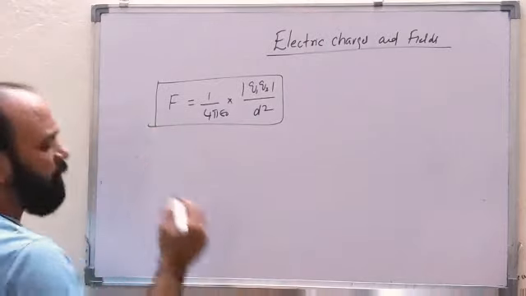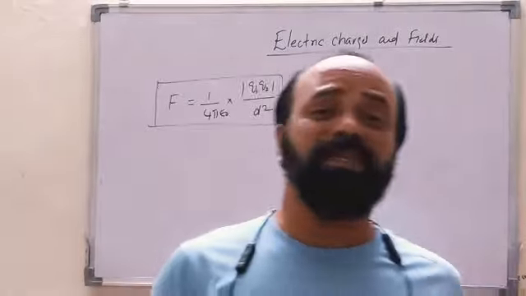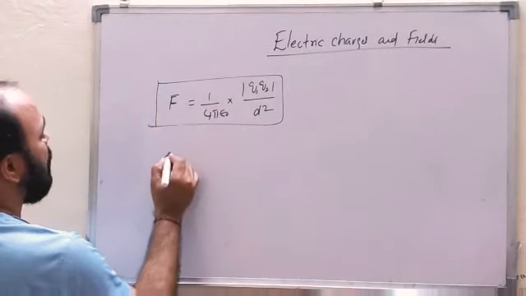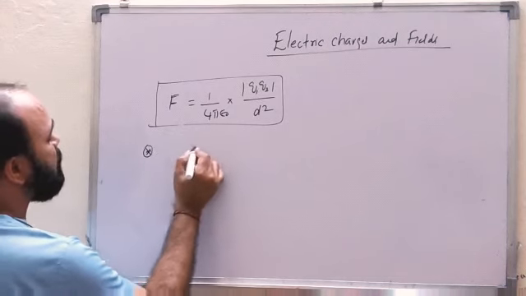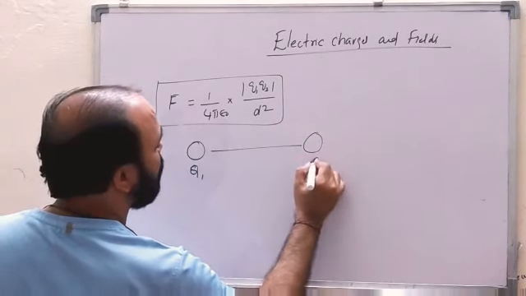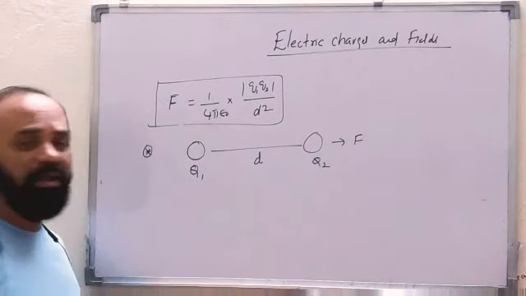Okay. If you see the previous year questions, 2015 to 2020, they used to ask questions from this area only. Now, they give two charges, Q1 and Q2, separated by distance d, and the force is F1.